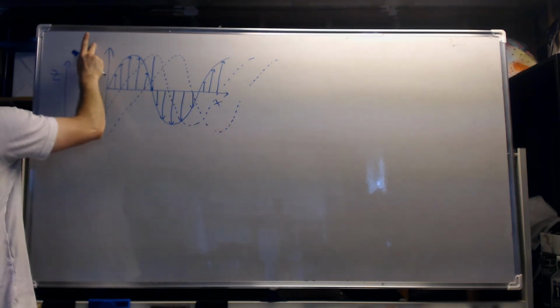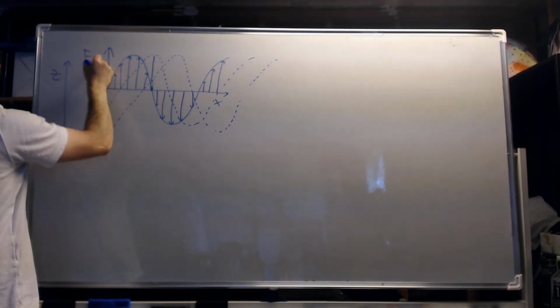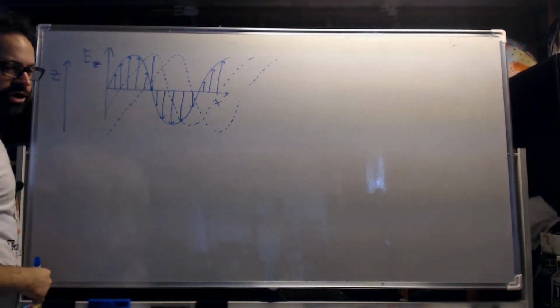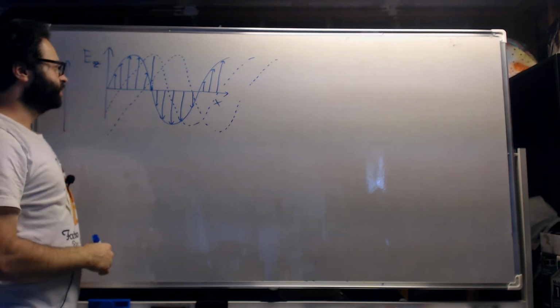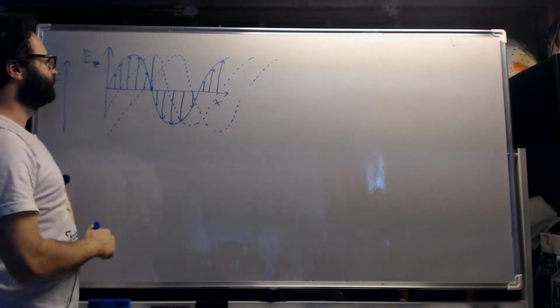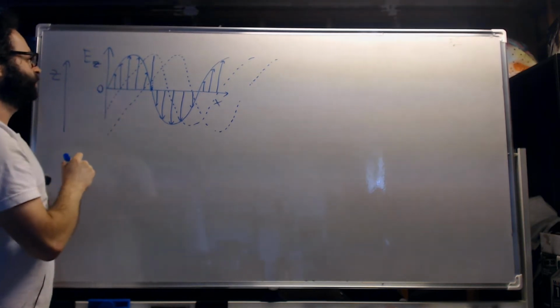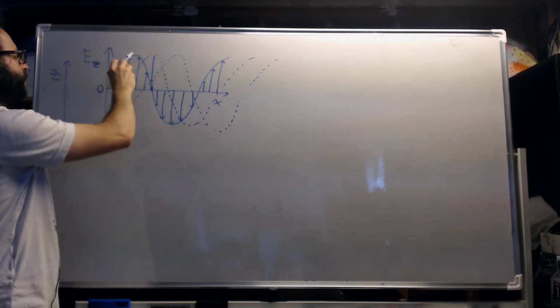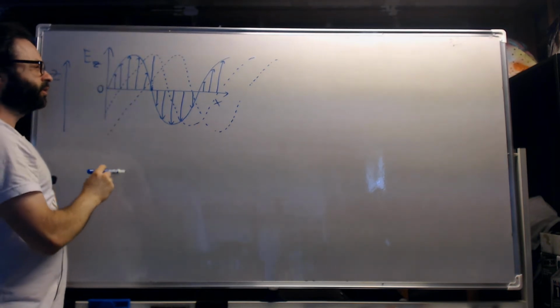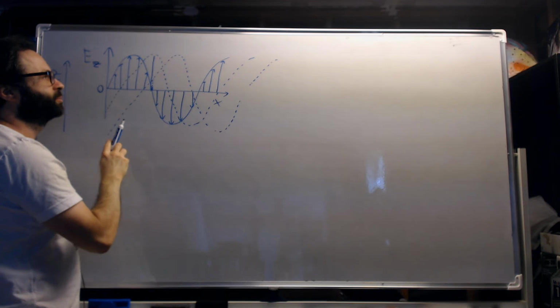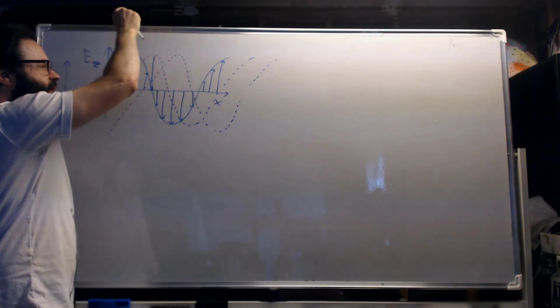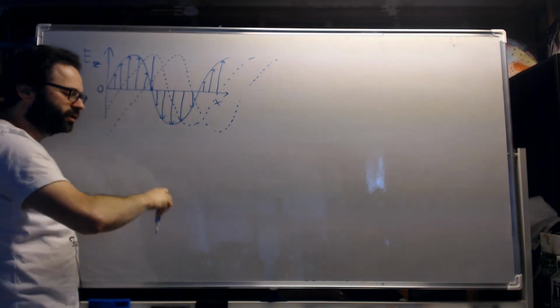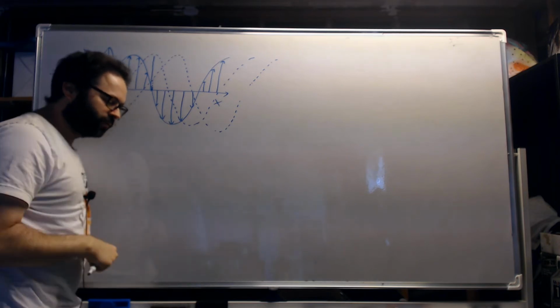So for example, you could replace this by the z component of the electromagnetic field vector. And so this is the z component going up and down with respect to 0. So it's positive z at one point, negative z at another point. And of course, positive z means that a force is pointing upwards in the z direction. Negative z means it's pointing down in the z direction, so pushing things downwards.